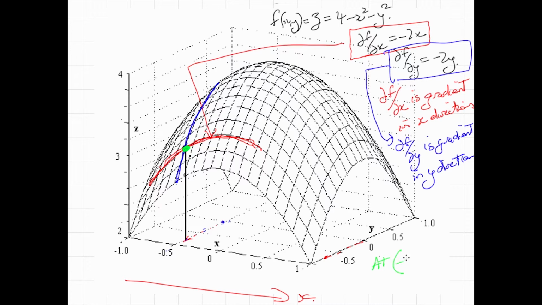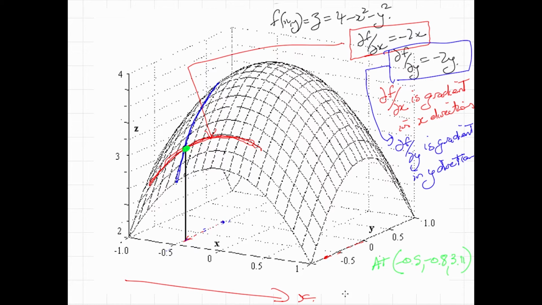X is equal to negative 0.5, y is equal to negative 0.8, and z will be equal to 3.11 if you substitute in that and square it, substitute that and square it, and take it away from 4. You'll get z is equal to 3.11.